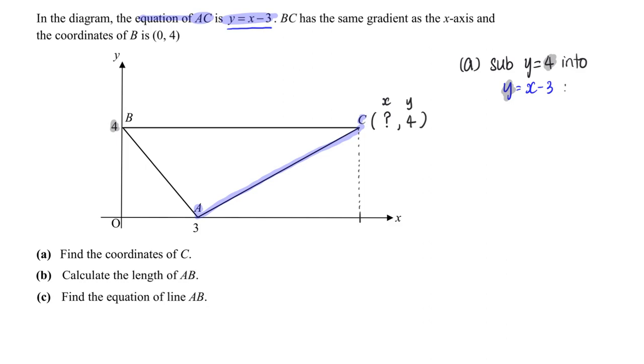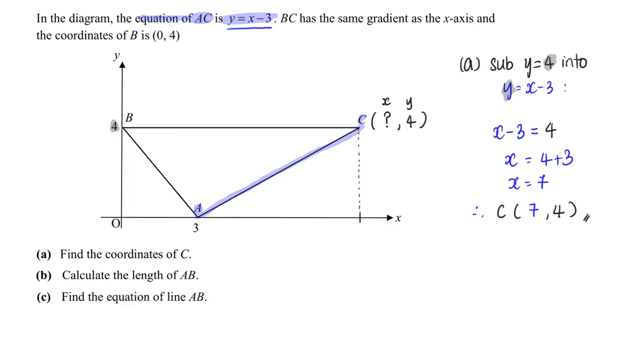So x minus 3 equals 4. And from here I can easily get my x. I just need to plus 3 on both sides. Therefore, the coordinates of C will be 7 and 4. Done.